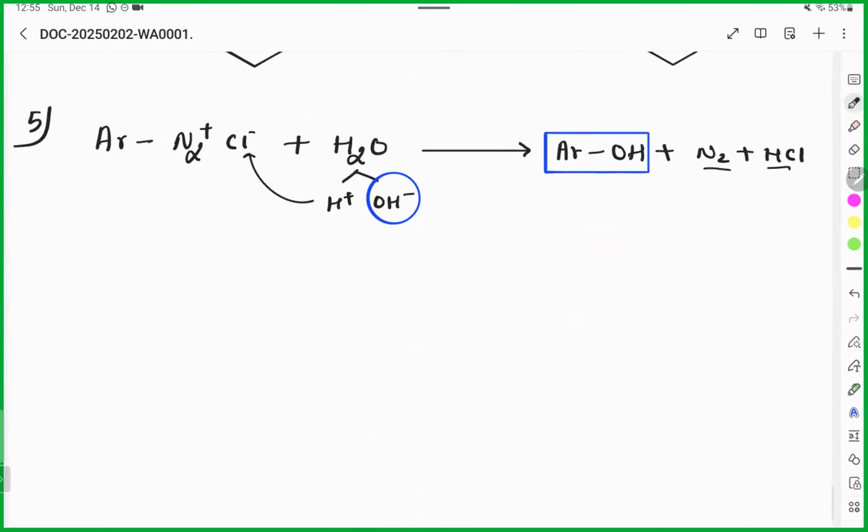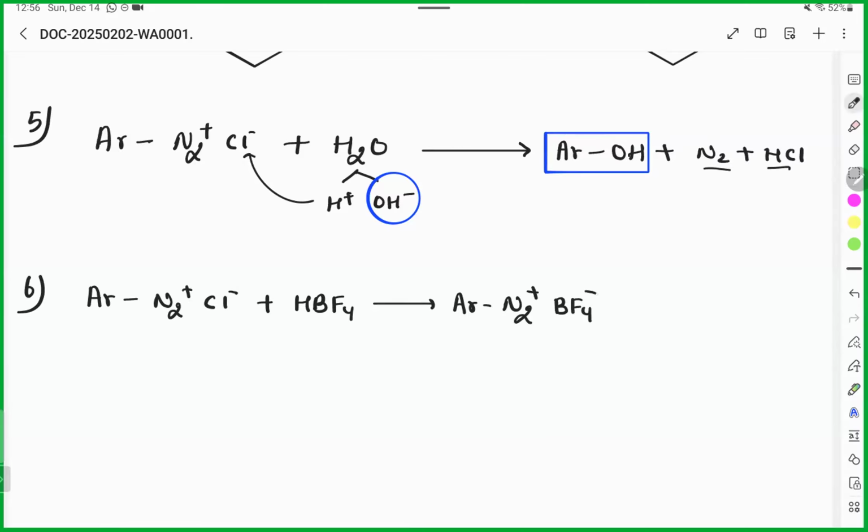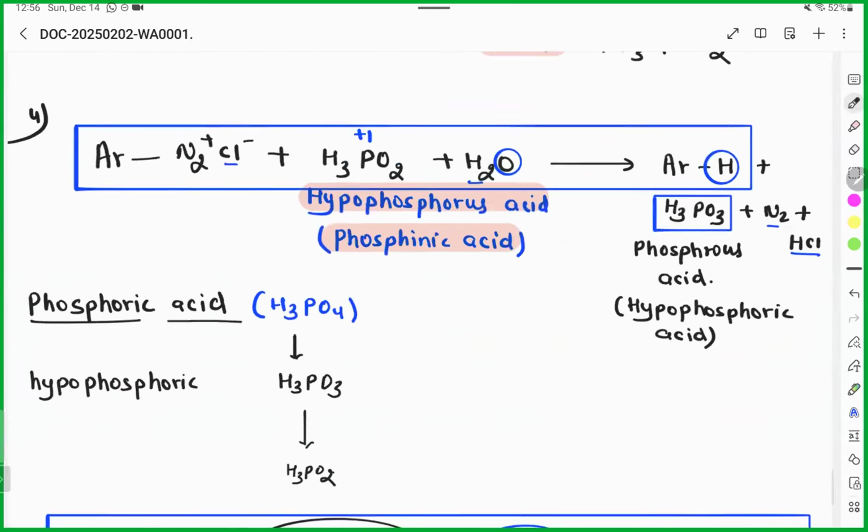Last important reaction is if you take same diazonium salt, N2 positive Cl negative, and if you add HBF4, Barinder, what will be the product? Same thing what we did here.